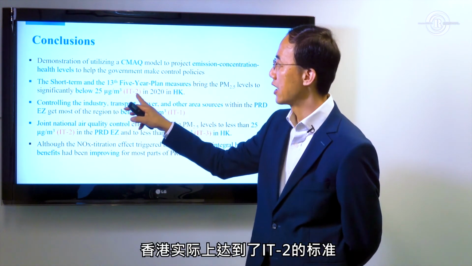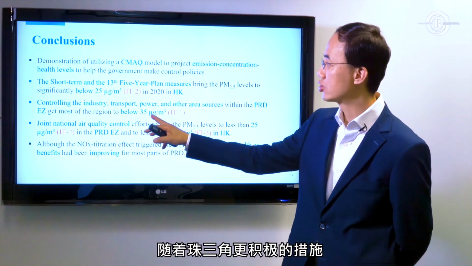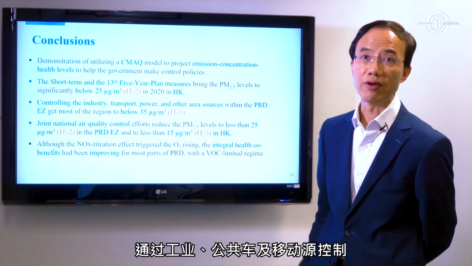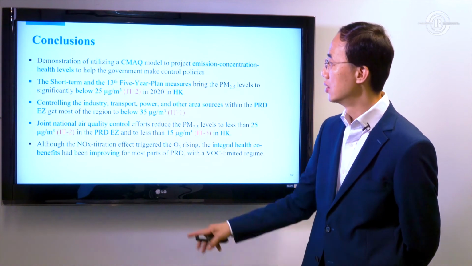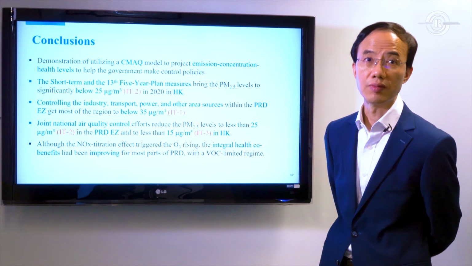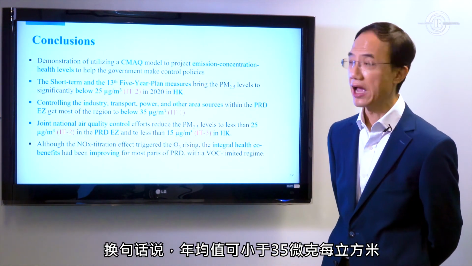Hong Kong actually reached the IT2 standard. With more aggressive measures in the PRD, with industry, buses and mobile control, the whole PRD can reach the IT1 standard, i.e. less than 35 microgram per cubic meter, the annual average.